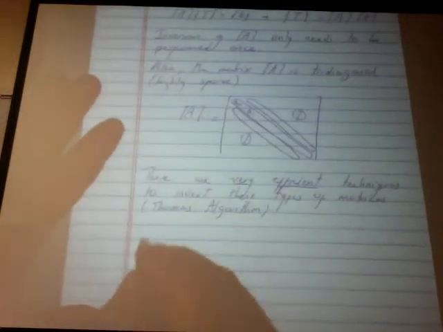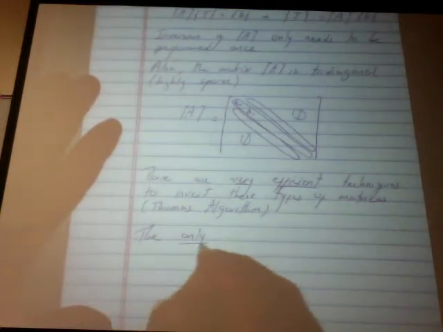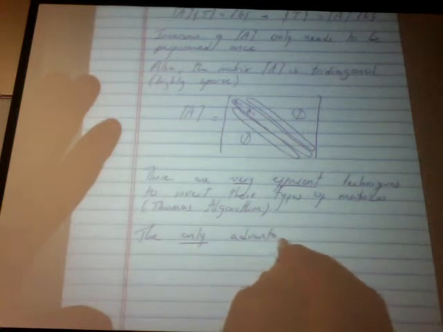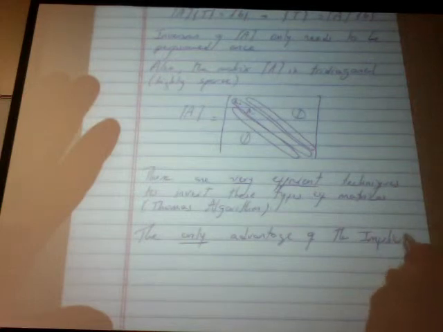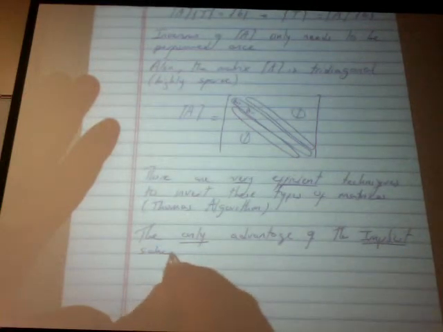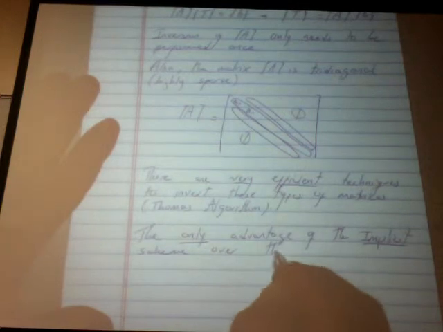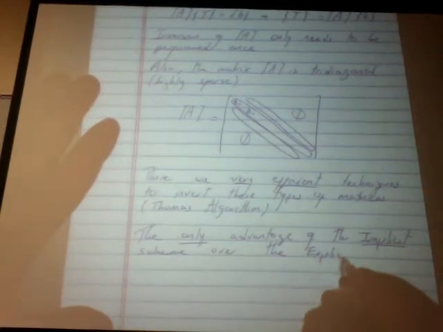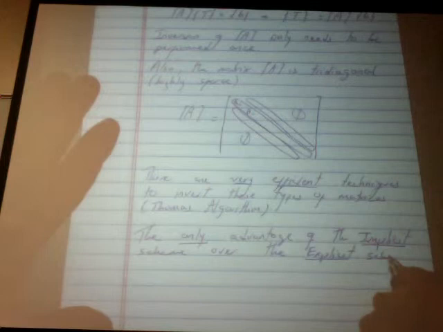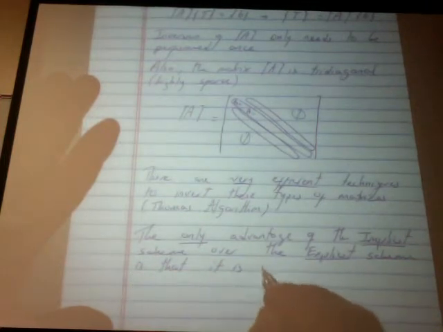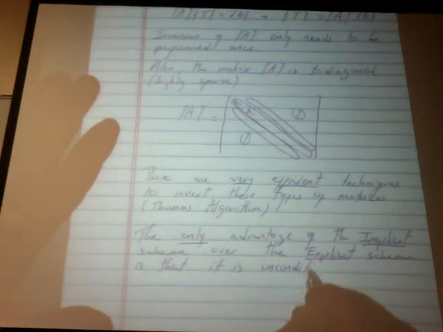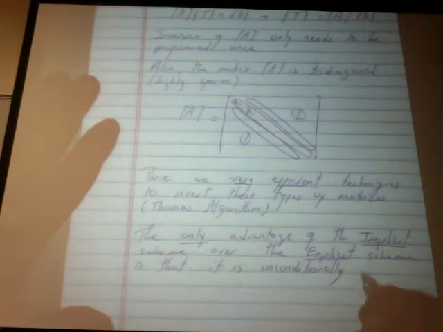The only reason why it is advantageous to use an implicit scheme, the only advantage of the implicit scheme over the explicit scheme, is that it is unconditionally stable.